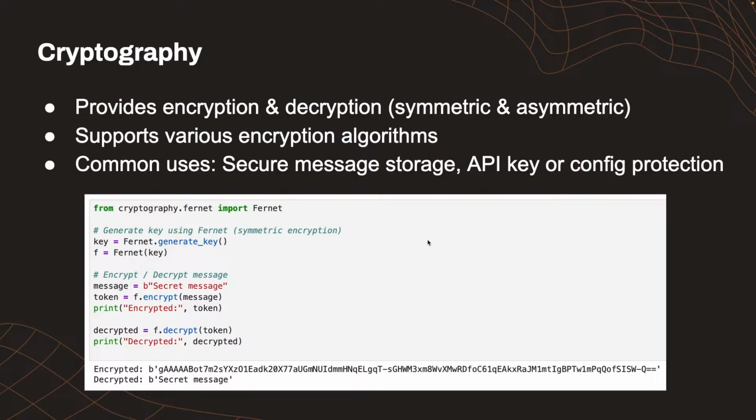Typically it's not used in the real world, but for this example you can see it generates a key which it needs for the encryption, and then you can encrypt and decrypt a message using the encrypt and decrypt functions. You have to use the b prefix, which converts the message to bytes first to make sure it's converted properly, and then it prints the encrypted and decrypted messages here.